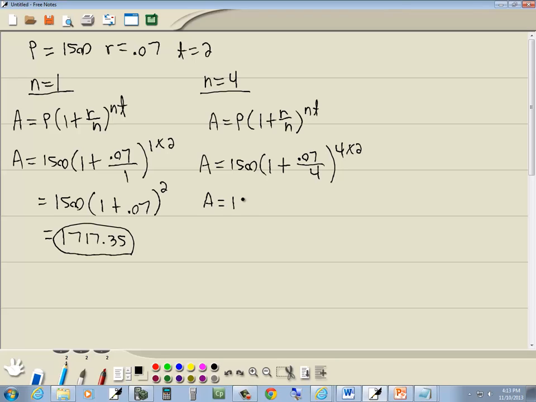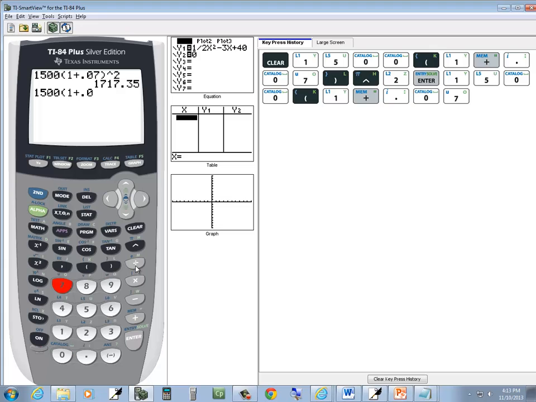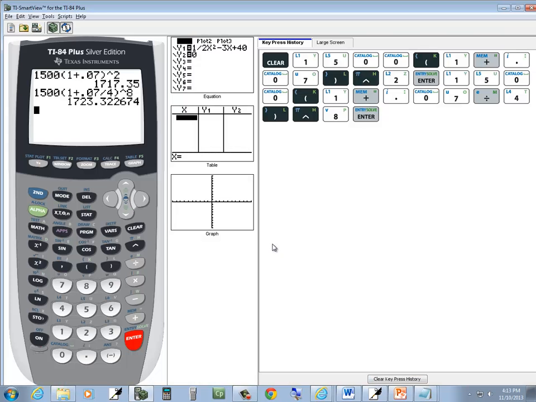Simplifying, that's 1500 times 1 plus 0.07 over 4, raised to the 4 times 2, which is 8 power. So we got 1500, beginning parentheses, 1 plus 0.07 divided by 4, closing parentheses, caret 8. Enter. And we get $1,723.32.